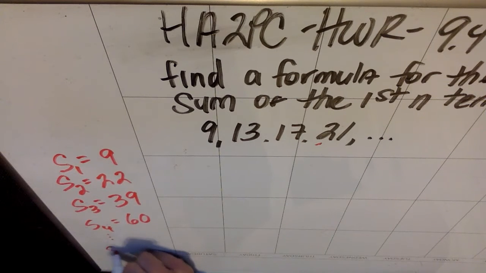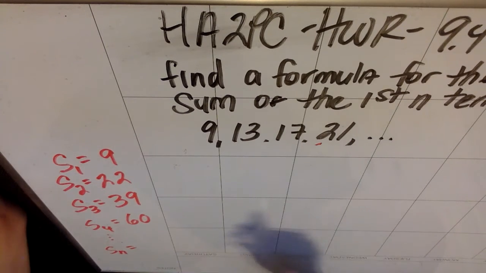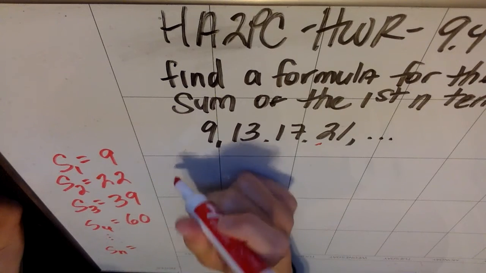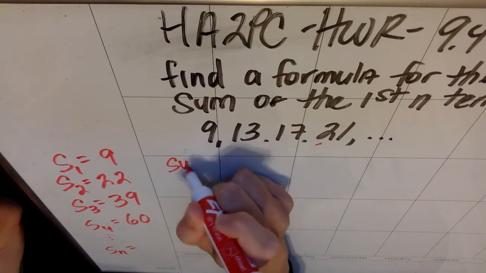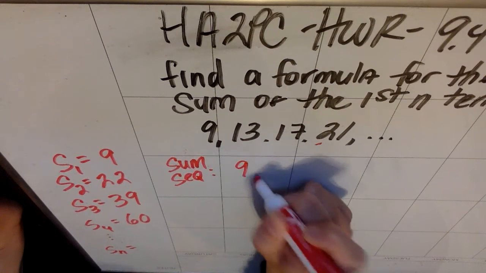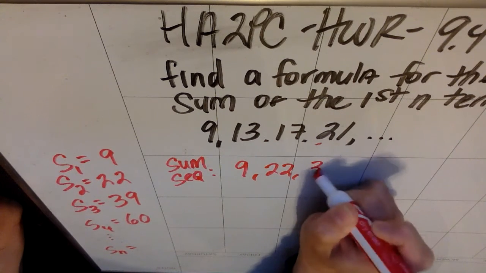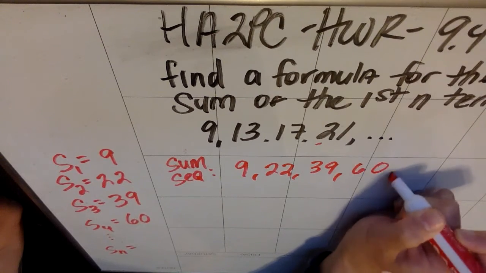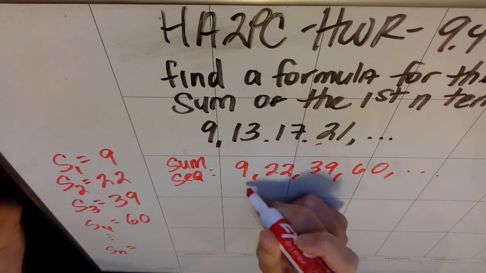We're trying to figure out a formula for S sub n, so we could try and analyze this sequence of sums and see what happens to it and go from there. Again, this is not the way I would do this problem. It doesn't mean that you can't get through it if you do it this way, but it might not be the easiest.